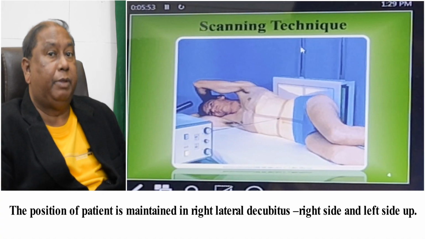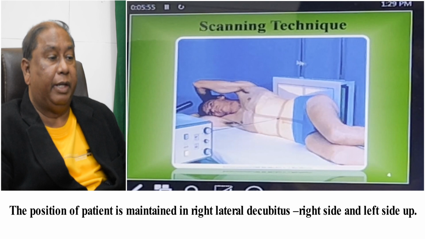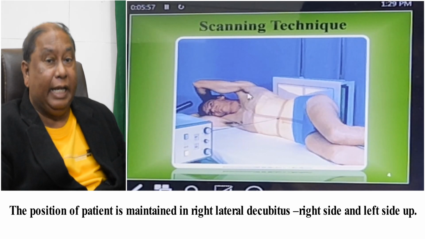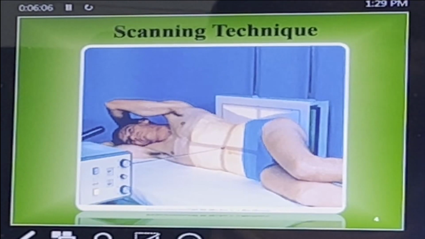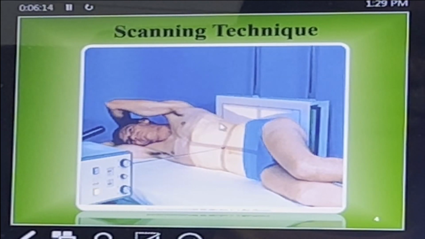So the position of the patient should be maintained in right lateral decubitus position. This position, right lateral decubitus position. See, spleen is up, liver in the lower side. So you can visualize the spleen.